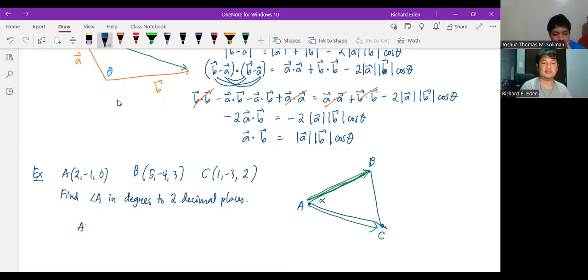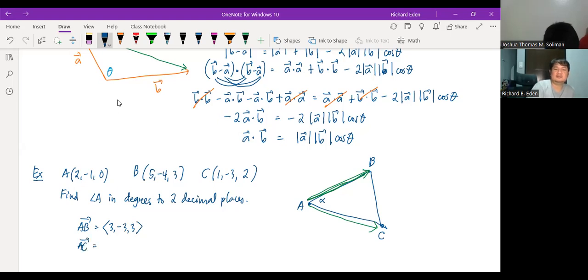All right, so let's have a look at AB. Ano components ng AB? 3, -1, -4, -3, tapos 3.